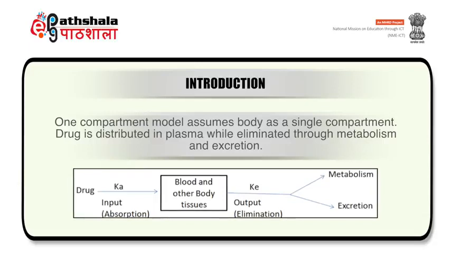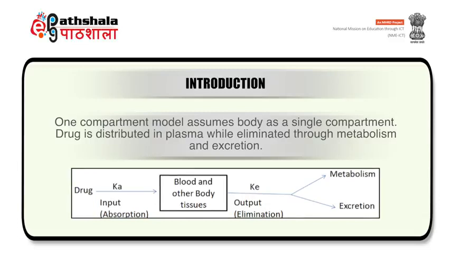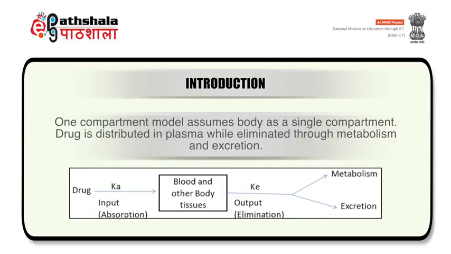In the coming slides, we are going to see how the elimination rate constant is further differentiated into a rate constant referring to metabolism and a rate constant referring to excretion.